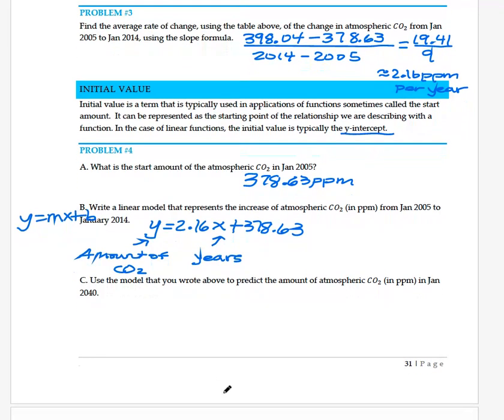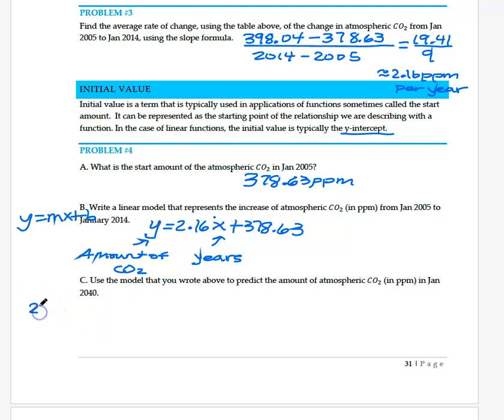Use the model that you wrote above to predict the amount of atmospheric CO2 in January 2040. Remember, x is the number of years since 2005, because 2005 is kind of our starting point. So we need to figure out how many years it's going to have been to plug in for x.